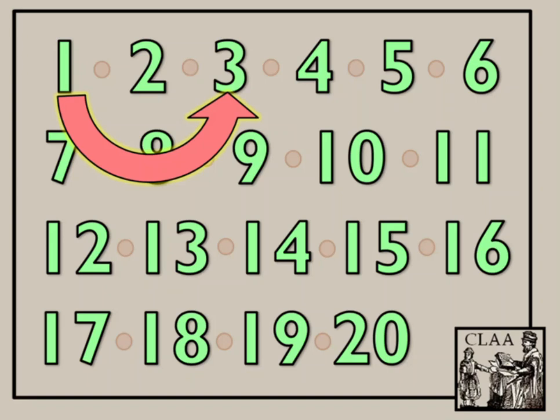Here you can see that the red arrow moves from 1 past 2 to the number 3. Here we're adding 2 to the number 1. 1 and 2 more makes 3. This is adding 2.